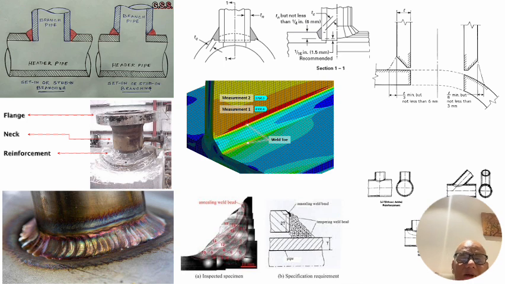So I will say that even though a fillet looks easy for qualification in PQR or WPQ, executing it on the actual job with these reinforcement pads or without reinforcement pads is difficult. And that's where, to avoid that, sometimes this kind of weaving with a very large nozzle to shield it is practiced, but more or less this is not acceptable by many codes because of so much weaving.